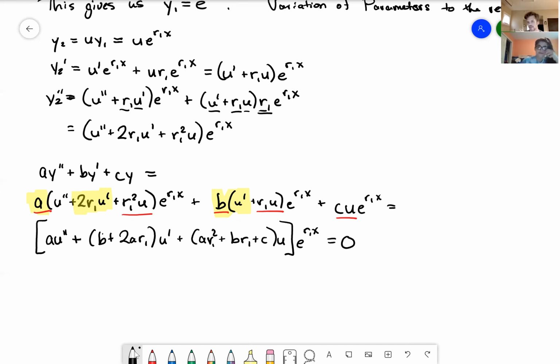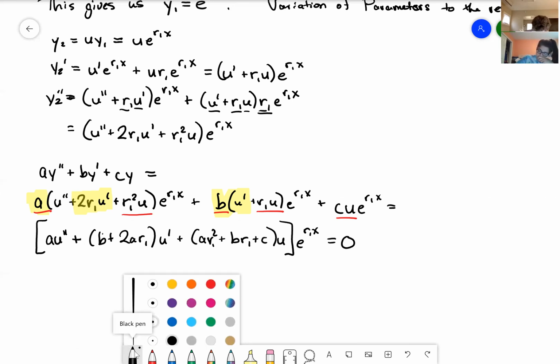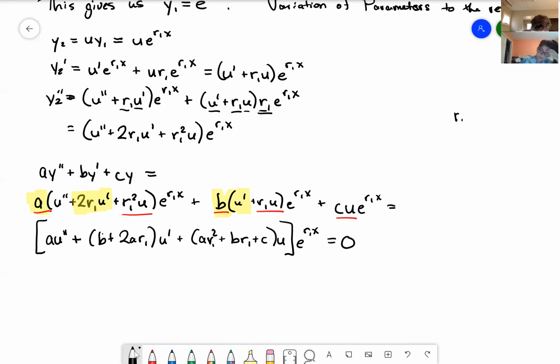So this is when the magic happens. We know that r1 is equal to minus b over 2a. So b plus 2a times r1 is just 0. So this goes to 0.